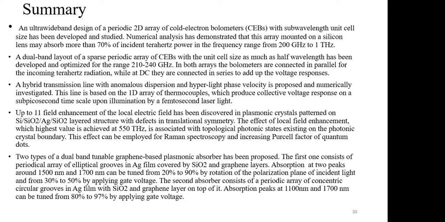And the design I talked about was edge state plasmonic with 4 layers, plasmonic layer crystal, which can increase the Purcell factor, and quantum dots. And at the end I showed you 2 types of plasmonic absorber based on graphene, which each one are separately tunable.